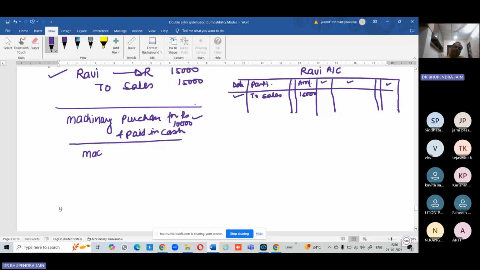So what will be the entry? Entry banegi beta, machinery account debit to cash. How much? 10,000. First, we need to prepare the machinery account.